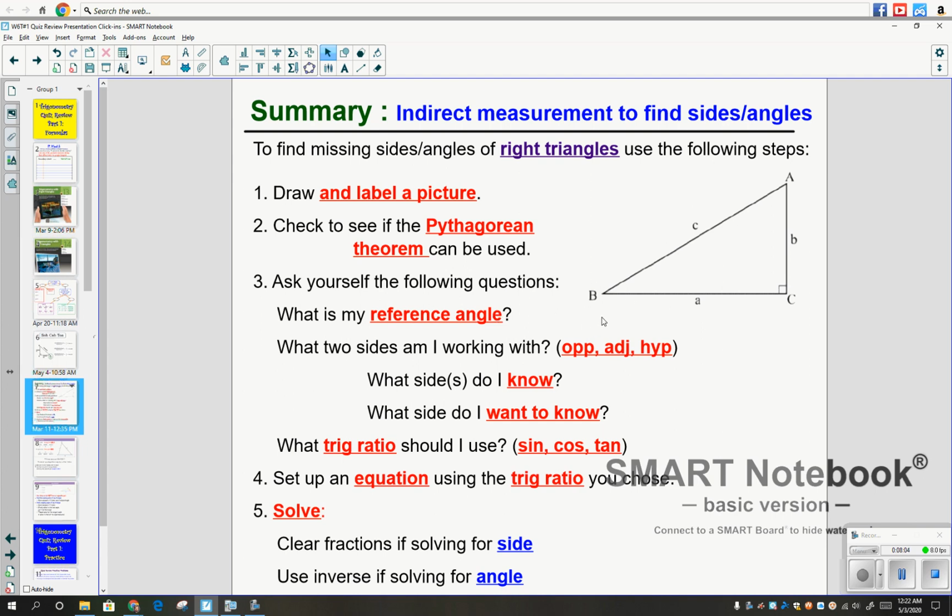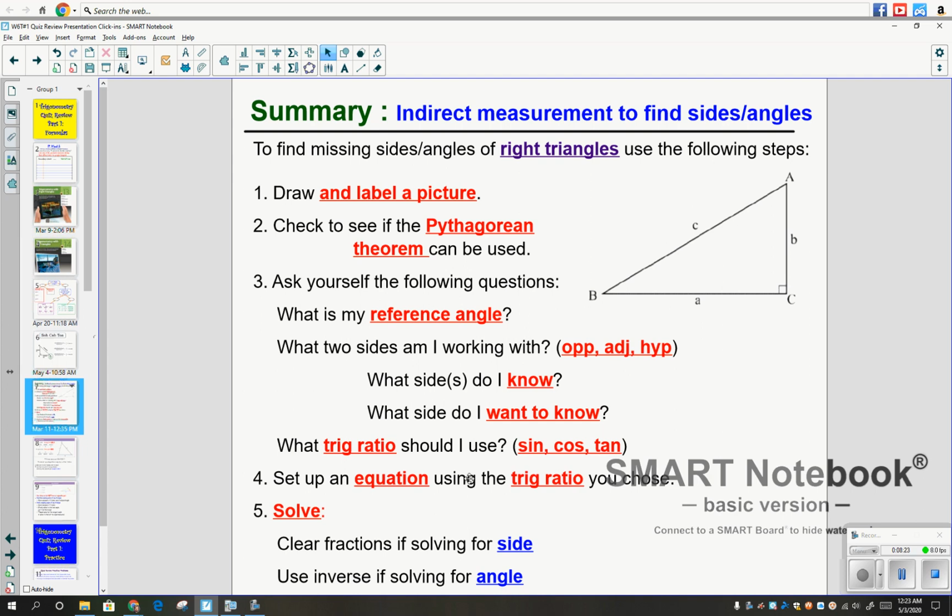Based off of that, what sides am I working with? Ask yourself, what side do you know, and what side do you want to know? Are those sides opposite, adjacent, or hypotenuse? That will then tell me which trig ratio I should use, sine, cosine, or tangent.